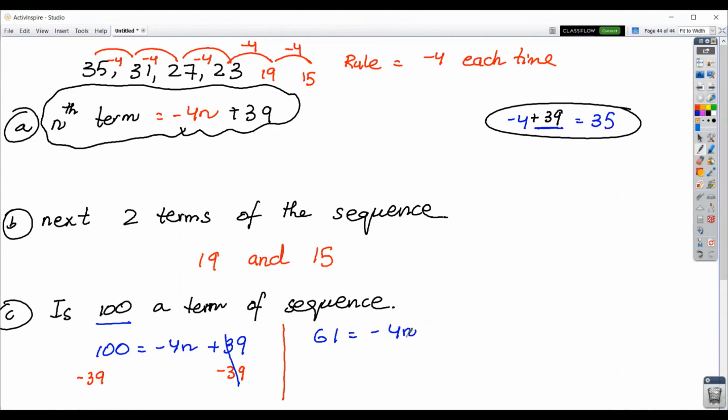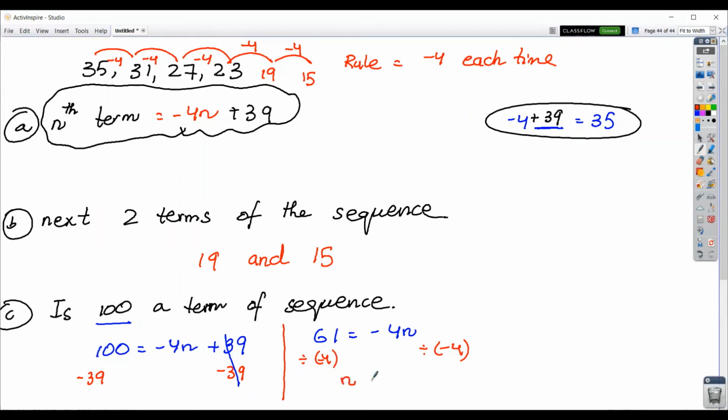Now we see that we have minus 4 with n. To get rid of this minus 4, you divide by minus 4 on both sides. When you do that, you get n as a decimal number: 61 divided by minus 4, which is a negative number.